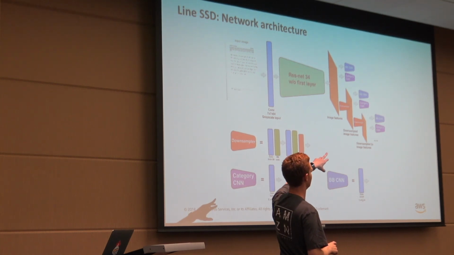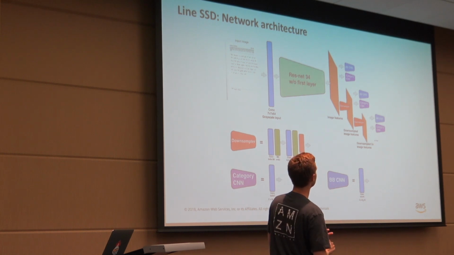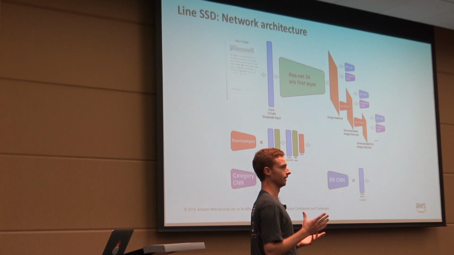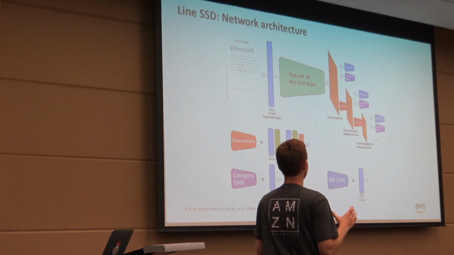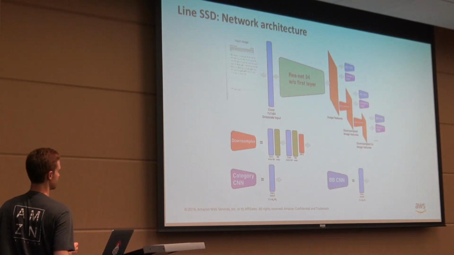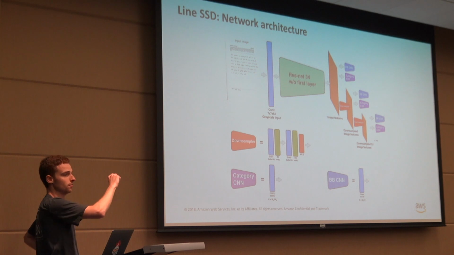So for every anchor box, we're going to work out how much things need to change. And then the other thing we're trying to predict is whether each box actually contains anything. Is there an object in there? And what is the object? So what's the class? And how confident are we that there's something in that box? And we see that it's downsampled lots of times. That's for the multi-scale part.